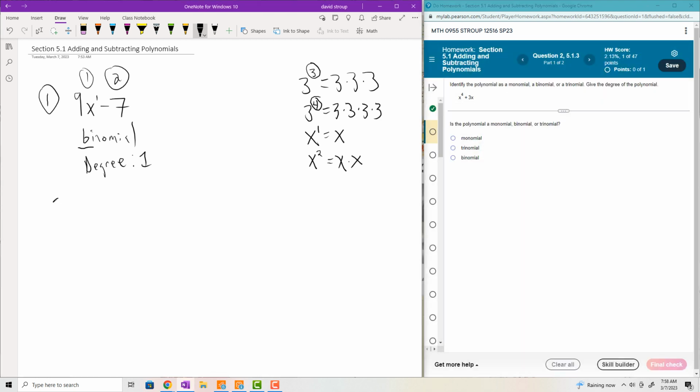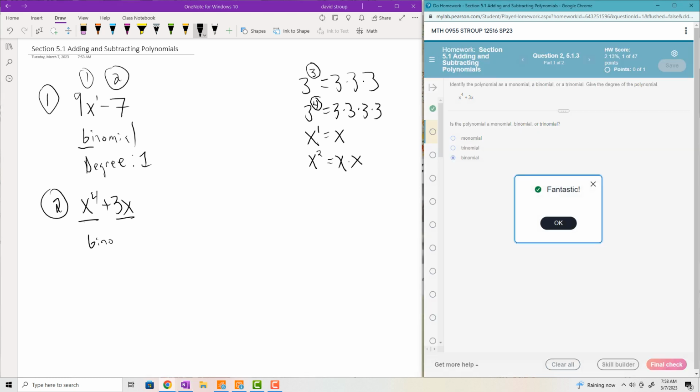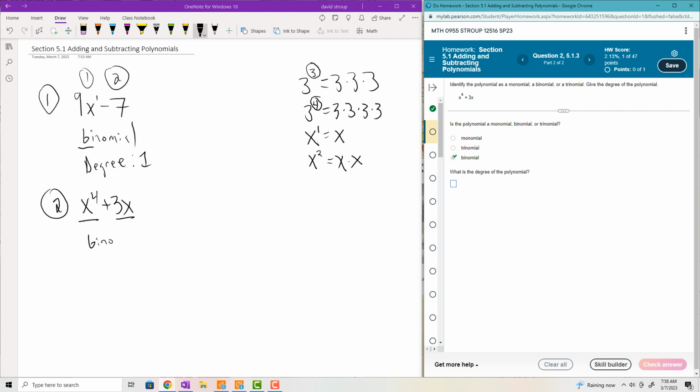Number 2, the same kind of form. It's a binomial because there's 2 terms. There's the x to the 4th, and then there's the 3x. So again, binomial there. And then for the exponent, you have 2 variable terms, right?